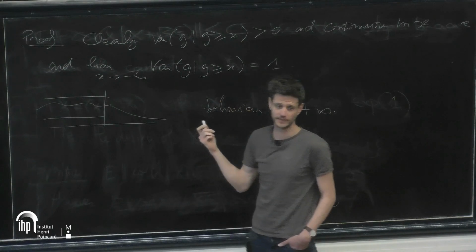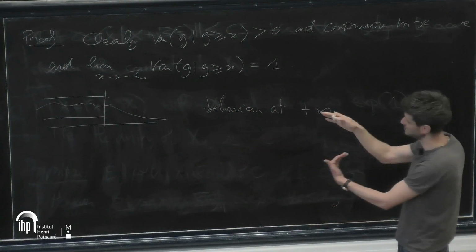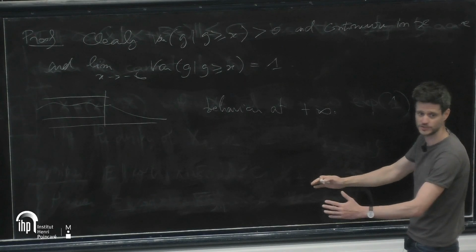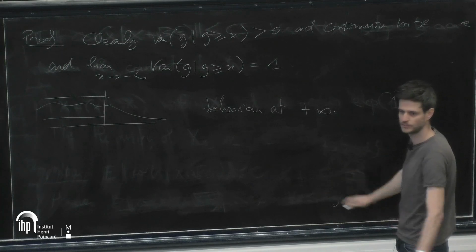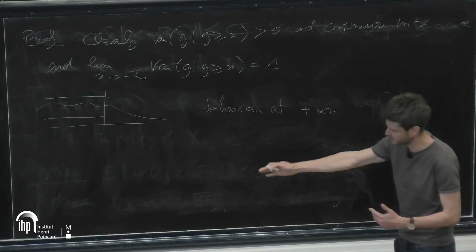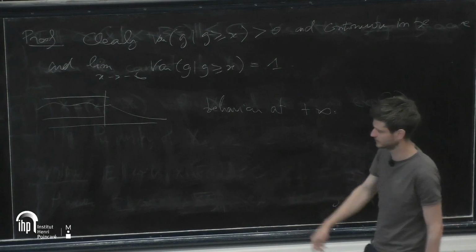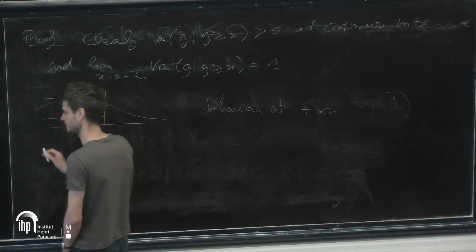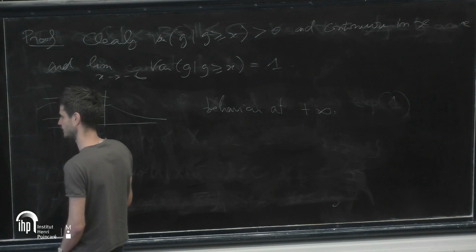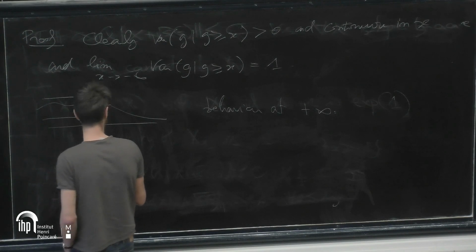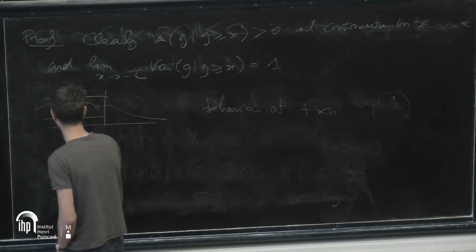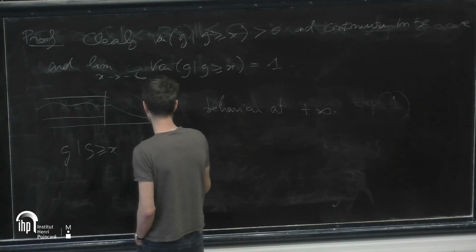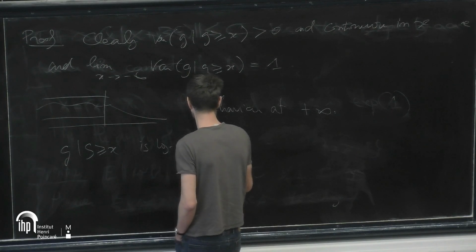So you can compute the tail. It only depends on the tail of the Gaussian, and you need to do some asymptotic expansion. It's a horrible computation because you need to go pretty far in the expansion. But here is a nice trick to save a bit of energy: G conditioned on G larger than x is log-concave in 1D.